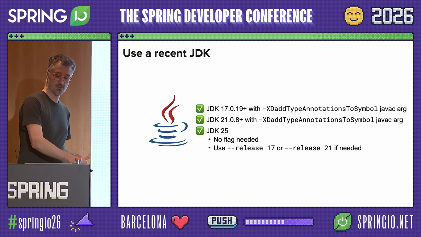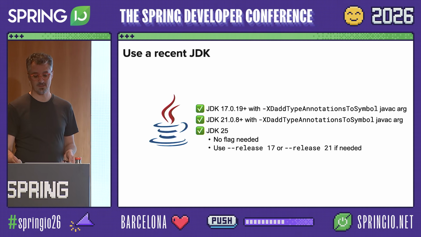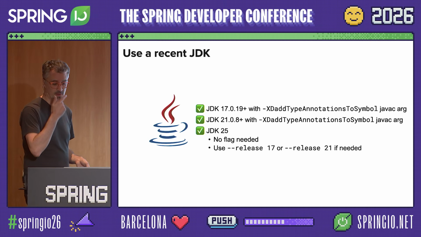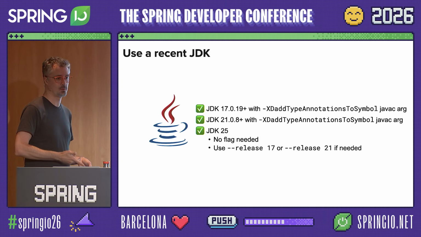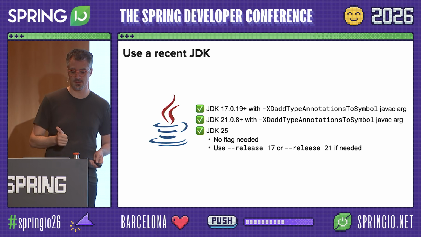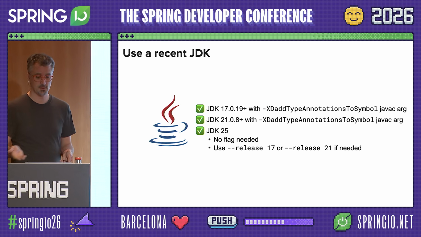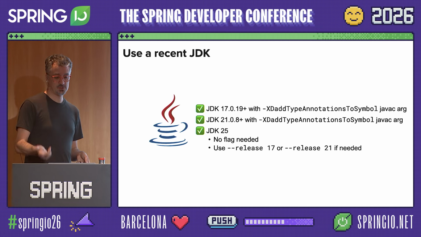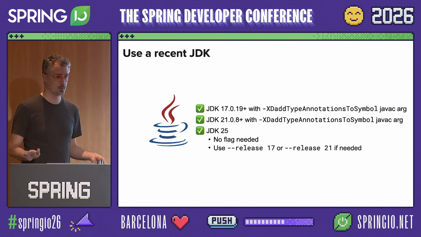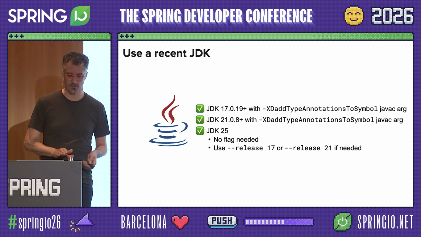So you need to use this recent version, and you need to use a javac argument that is specified here. Same for JDK 21. This one is already available, so 21.0.8 or more recent, with the very same javac argument. And JDK 25, no argument is needed. It's supporting everything by default.